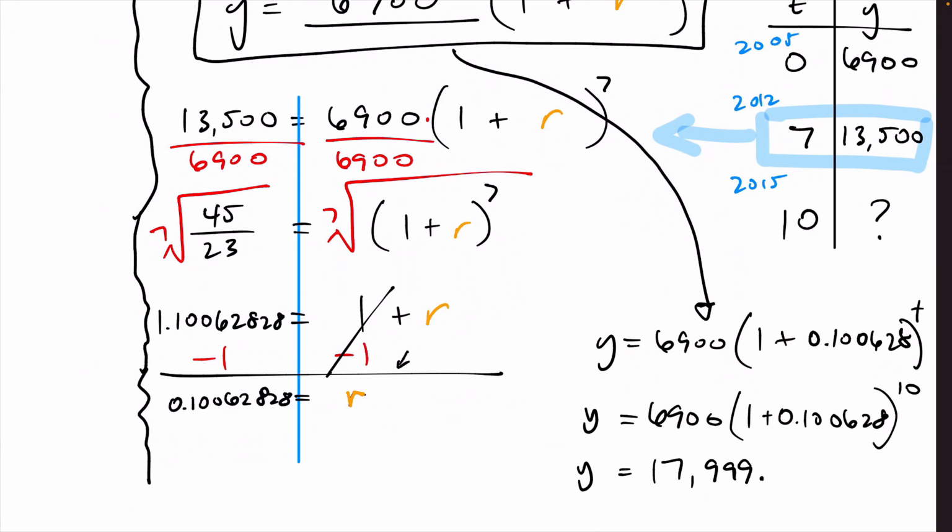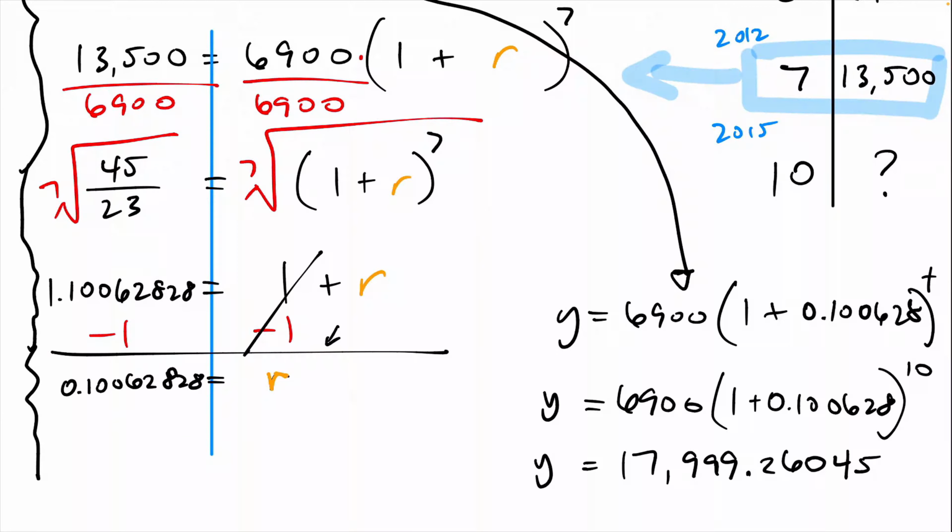1.100628 close parentheses to the 10th. I get 17,999 and 26045. That's where my calculator ends.